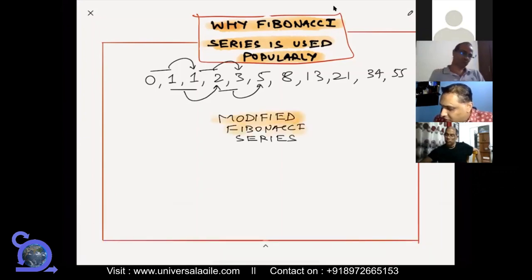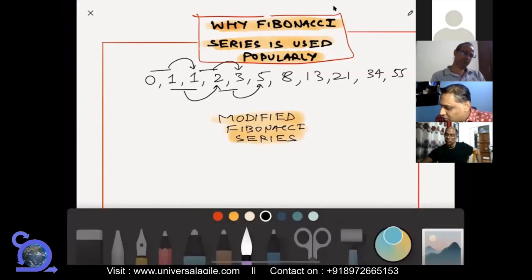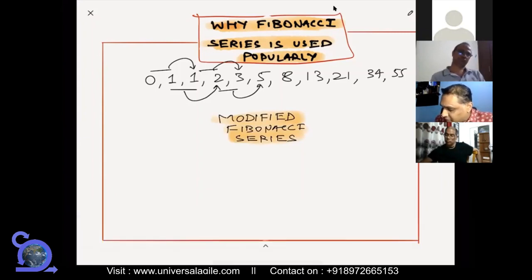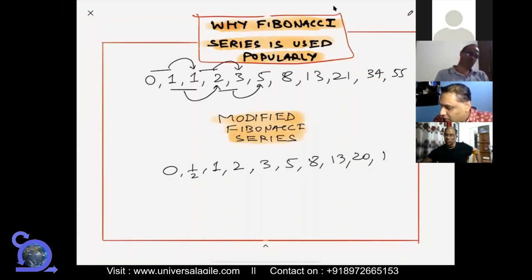So what is the modified series? It is 0, half, 1, 2, 3, 5, 8, 13, 20, 40, 100.